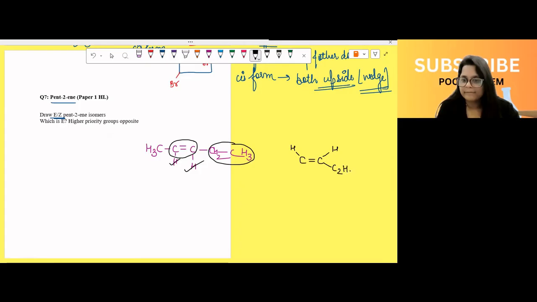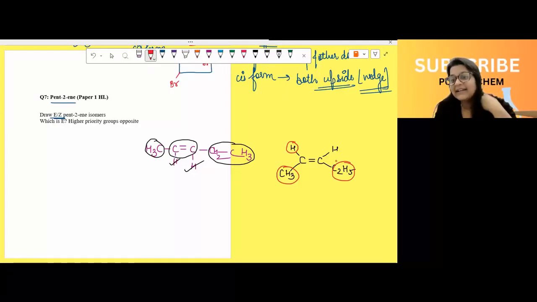Why is it not showing cis and trans form? Because it has 3 different groups. For cis and trans, it has to have at most 2, right? If you have not seen it, please go back to the video and check. This will show E and Z form, not cis and trans.